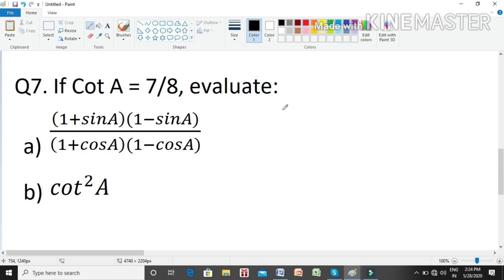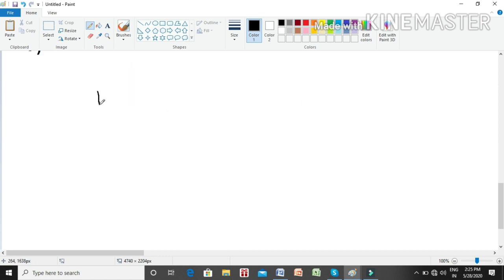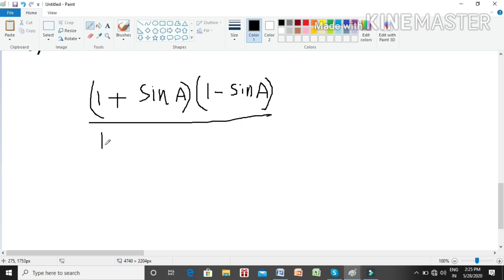Let us write the expression again. We have (1 plus sin A) into (1 minus sin A) divided by (1 plus cos A) into (1 minus cos A).